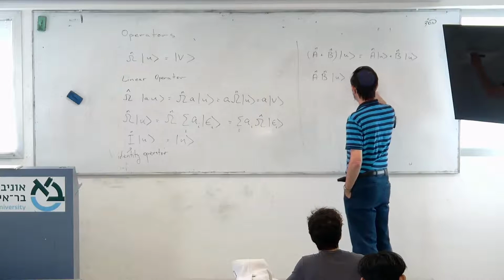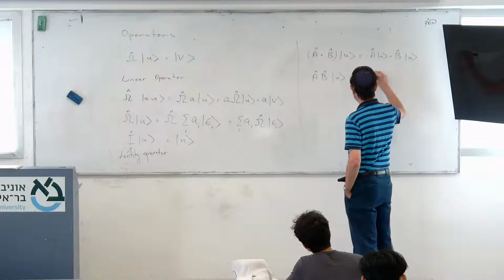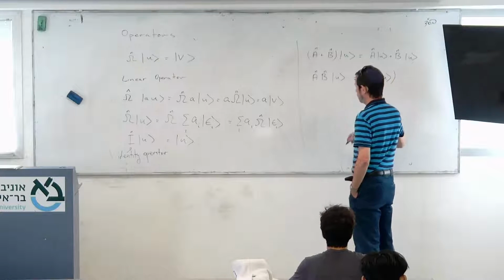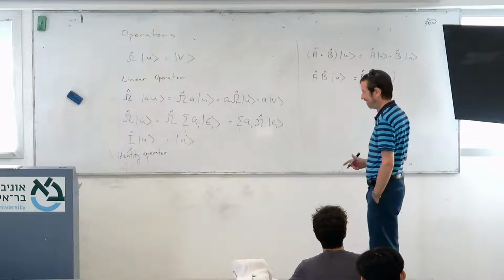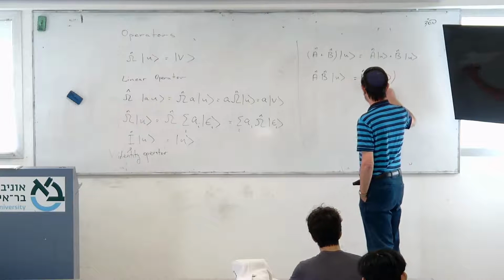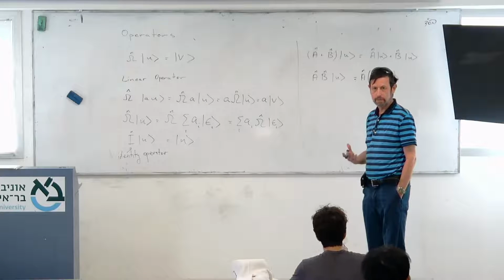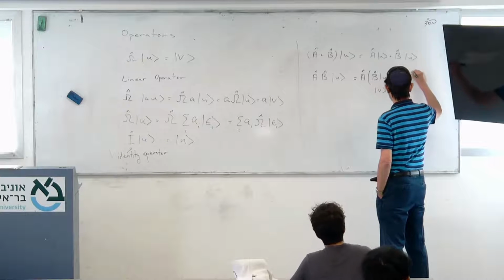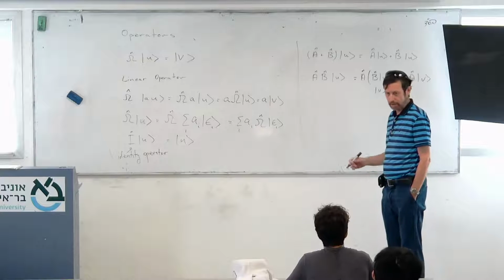So first apply B on U, you'll get some vector V, and then you'll use A on V.